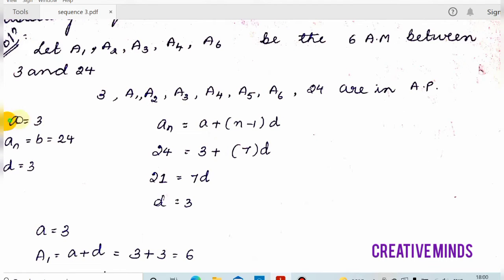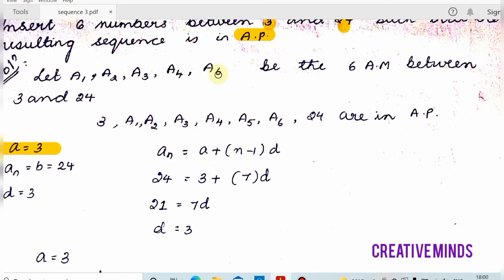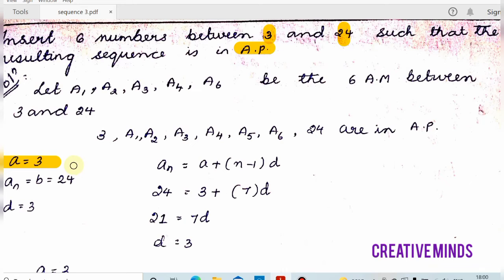They gave that A is equal to 3, AN is equal to B, because this is the last number, right? B is the last number, that is equal to 24. So AN is equal to 24. First we have to find the D value.